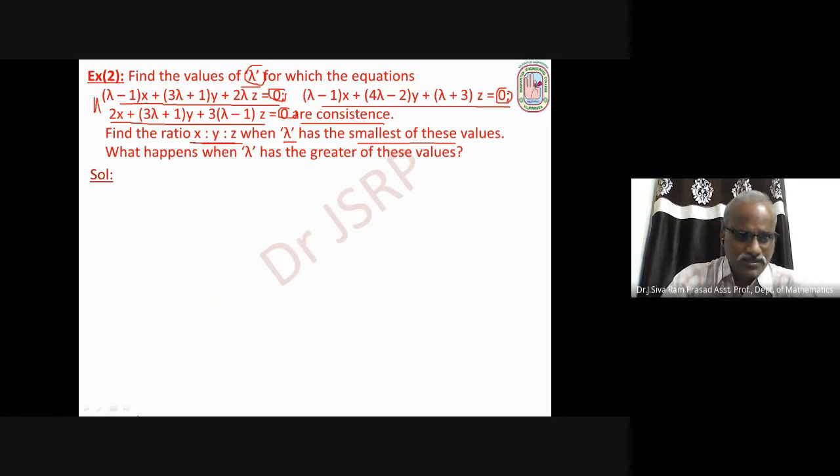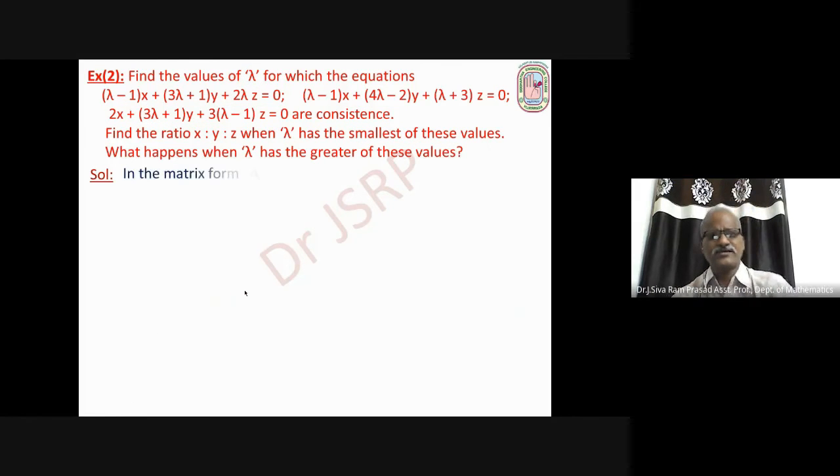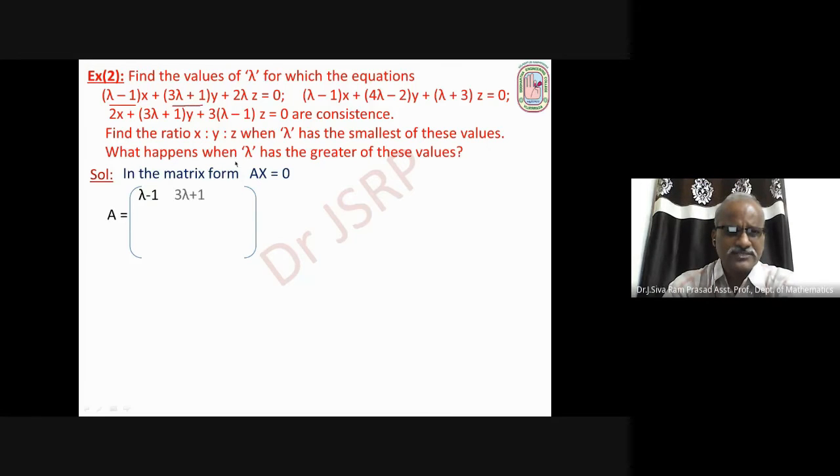First write in the matrix form as usual. In the matrix form, Ax equal to 0, the coefficient matrix A has first row: x coefficient lambda minus 1, y coefficient 3 lambda plus 1, z coefficient 2 lambda. In the second row, x coefficient lambda minus 1, y coefficient 4 lambda minus 2, z coefficient lambda plus 3.